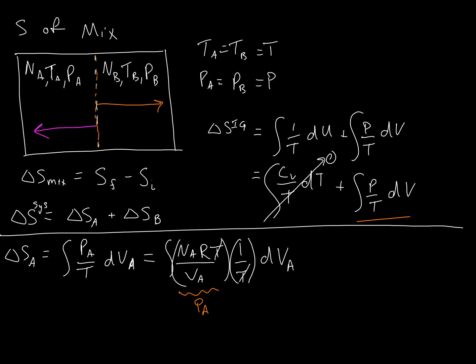Get rid of these temperatures. The N and the R go outside. N_A is constant. R is always constant. This is an integral that seems to pop up all the time, every time we deal with entropy.